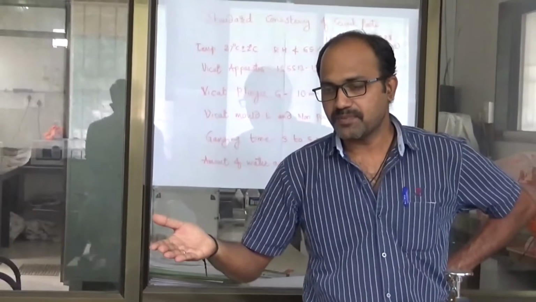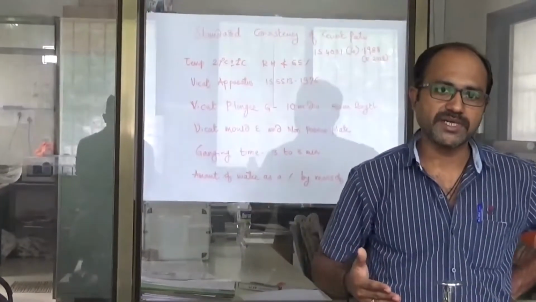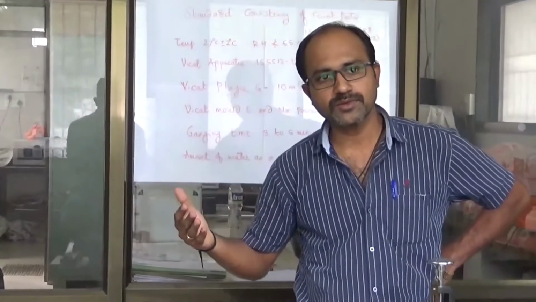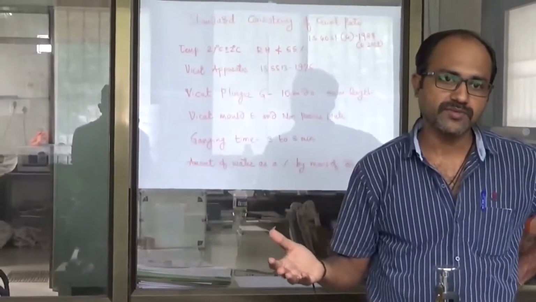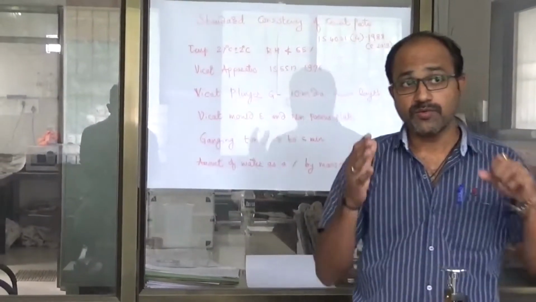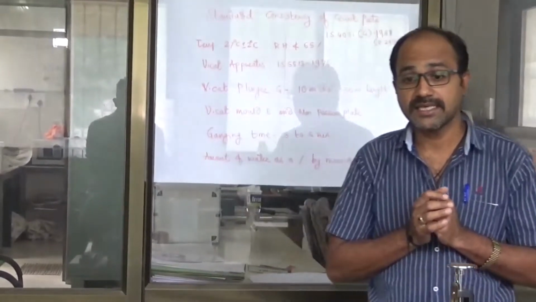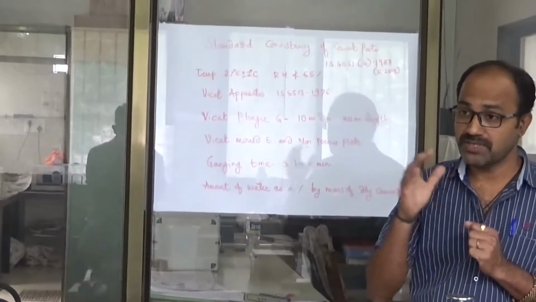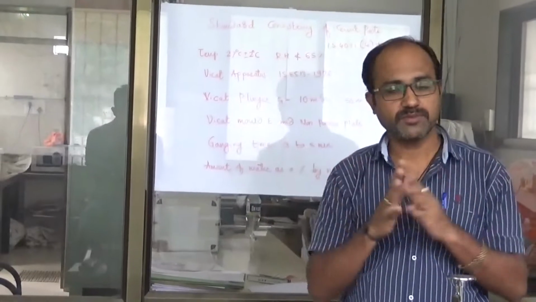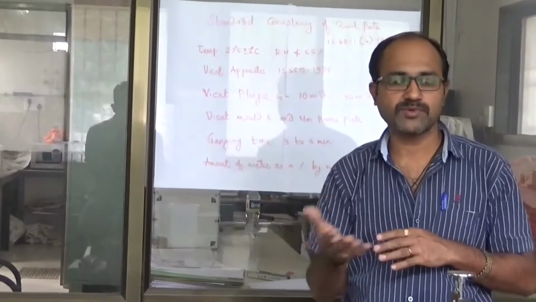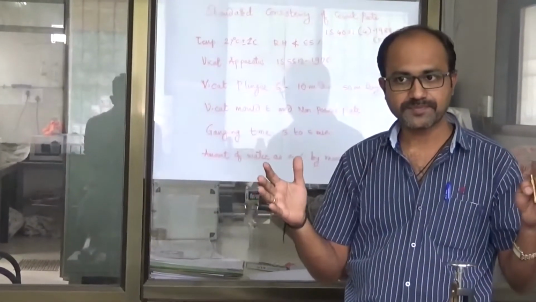Again, for PSC, which is a slag based cement, the consistency will also be different. So while determining the consistency, we should note the type of the cement, because depending upon the type of cement, the amount of water will be different.